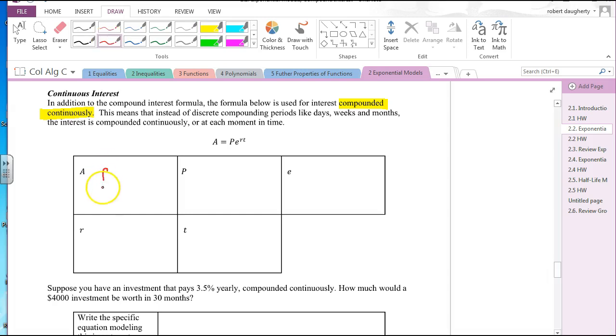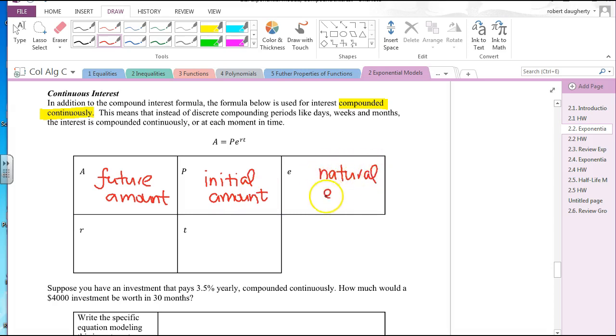A is my what? It is my future amount. What is P? Yeah, that is my initial amount. What is e? It's not a variable. This is just my natural exponent, okay? It's like pi. It's a number on your calculator.